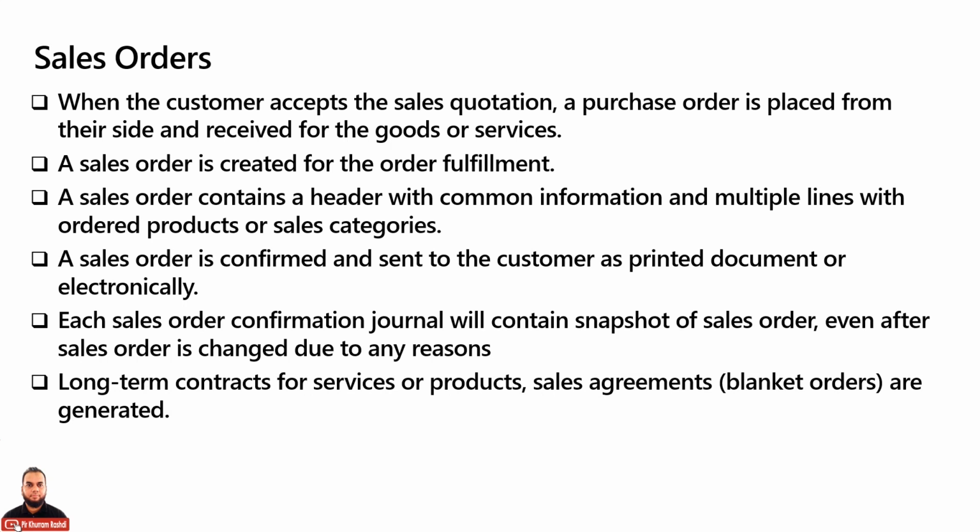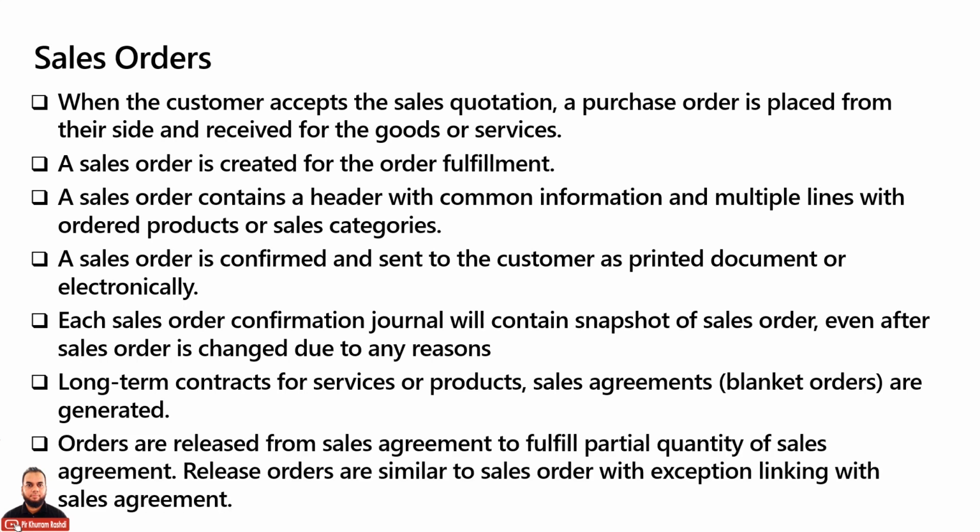Long term contracts for services and products are normally handled using sales agreements, and from them you can generate multiple release orders or sales orders. Basically, release orders and sales orders are the same thing. Orders are released from a sales agreement to fulfill a partial quantity of the sales agreement.